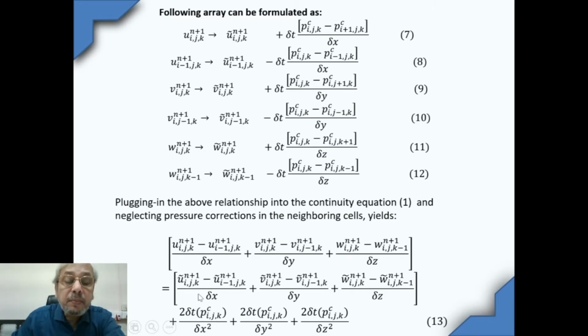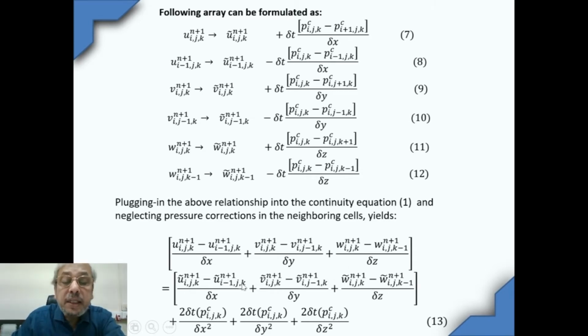So basically, again, we can reorganize: uijk minus ui minus 1 jk by delta x, both provisional velocities; vijk minus vij minus 1 k by delta y, provisional; and wijk minus wij k minus 1 by delta z, provisional.